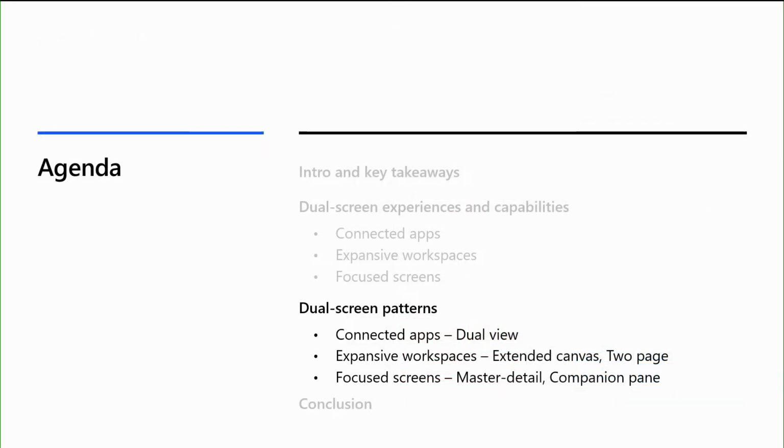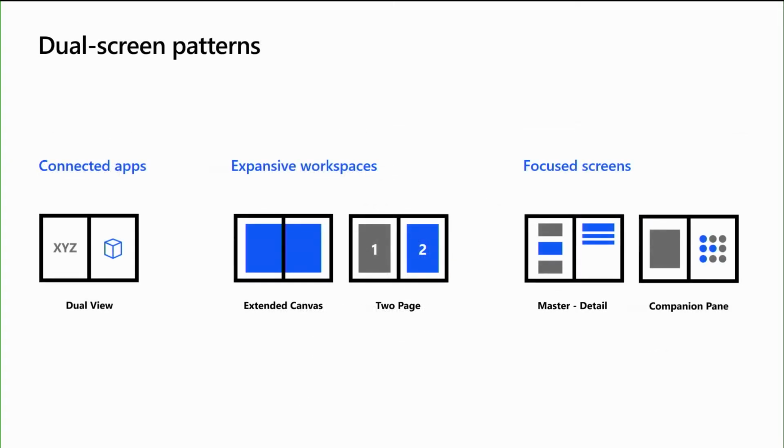As I mentioned earlier, we are sharing the thinking around initial 5 patterns for you to make your app more connected, expansive, and focused for your users. Before looking at these patterns, let me mention that we are constantly learning from our own app teams as well as from developers like you in the community.